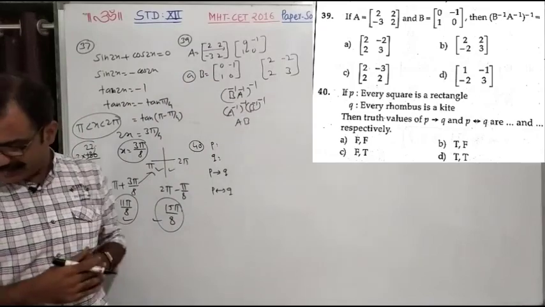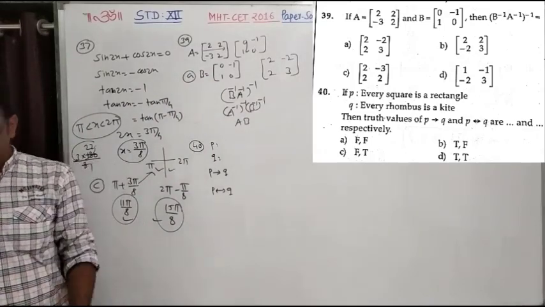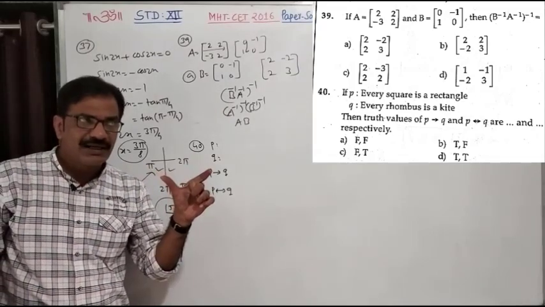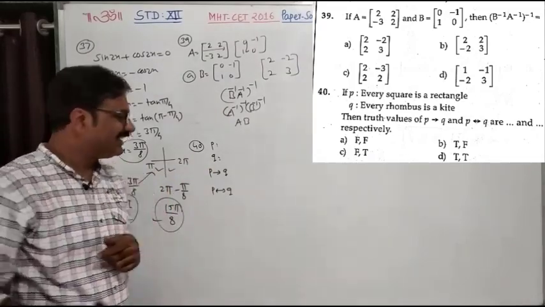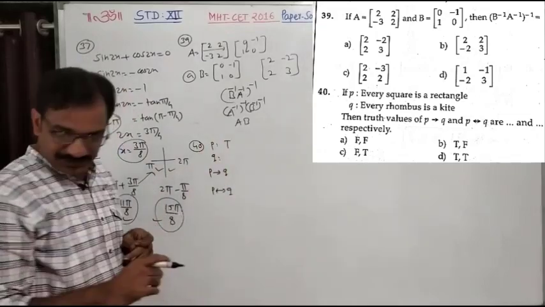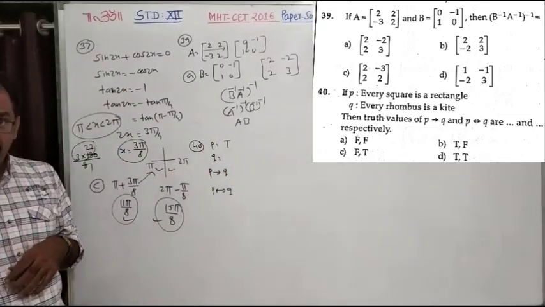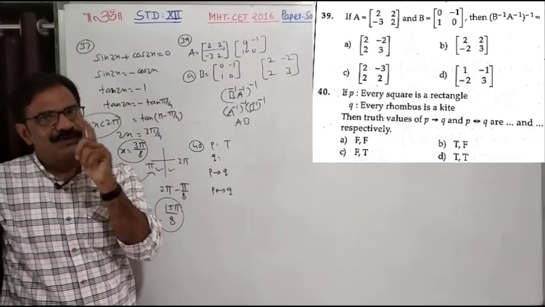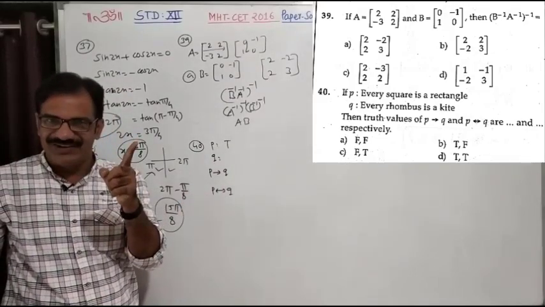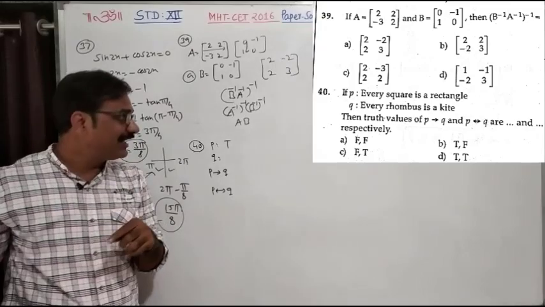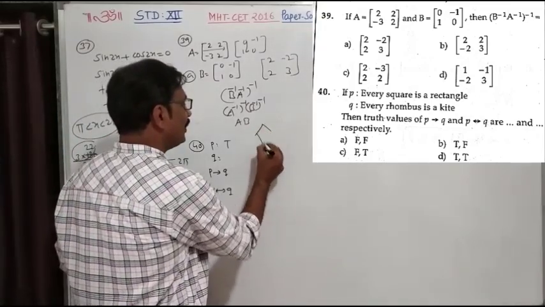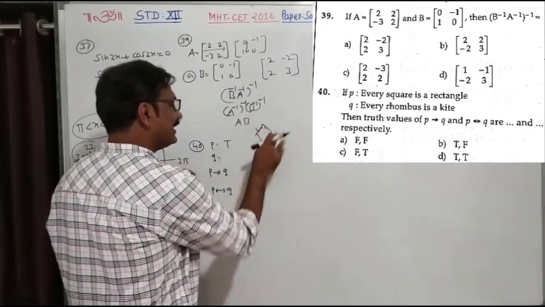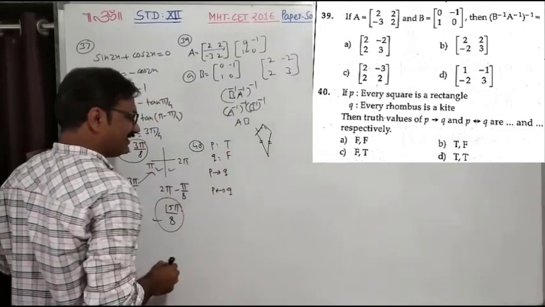Look at question number 40. Every square is a rectangle. Is it true? Yes. So the statement P is true. Q: Every rhombus is a kite. No. Because for a kite, as you know, kite is like this, these two equal, these two equal. For a rhombus all are equal, so it is false.